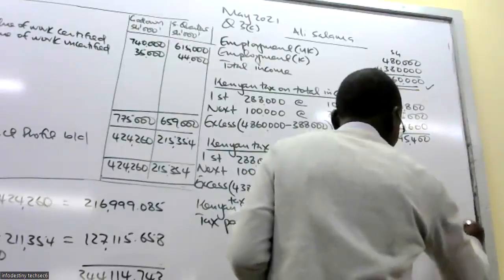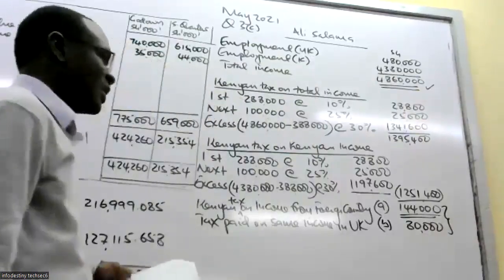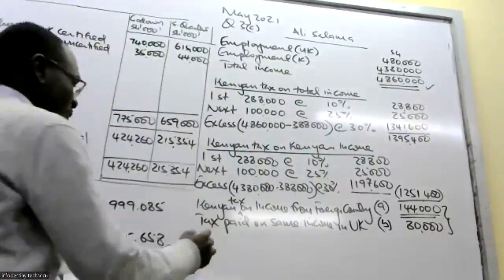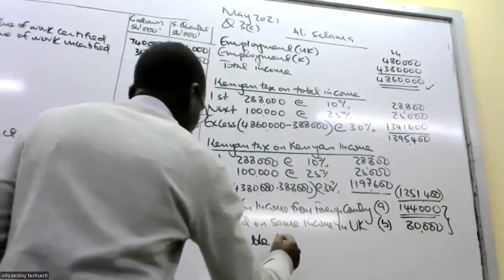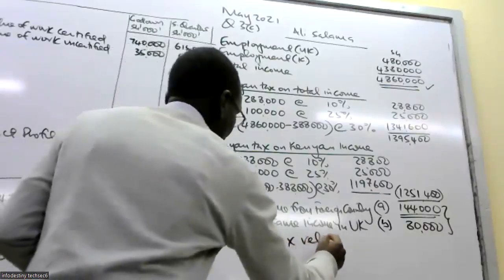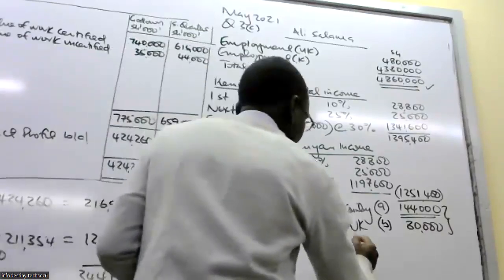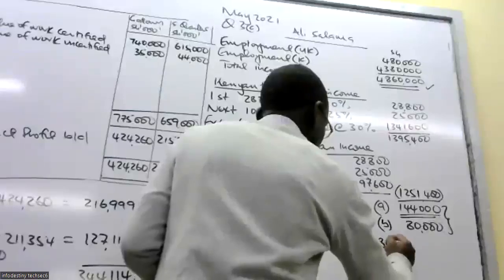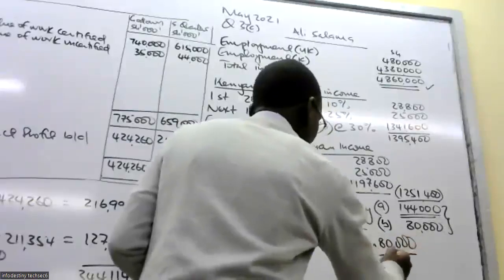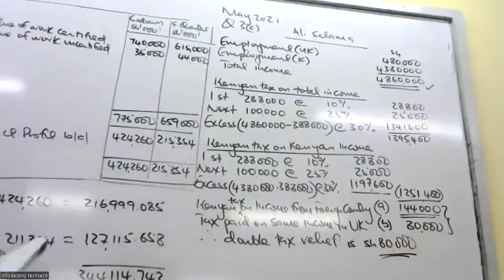Then you compare these two. The lowest is your double tax relief. The lowest between the two is the double tax relief, so 80,000.